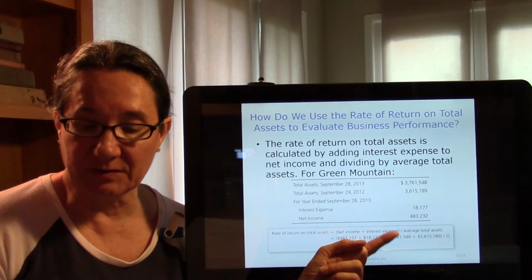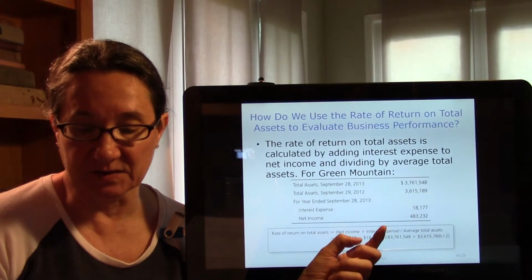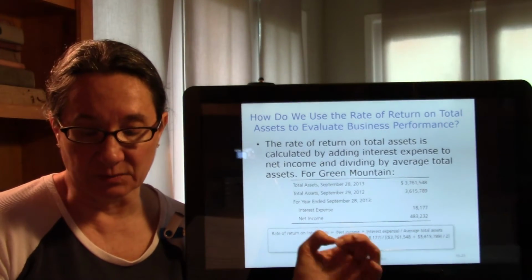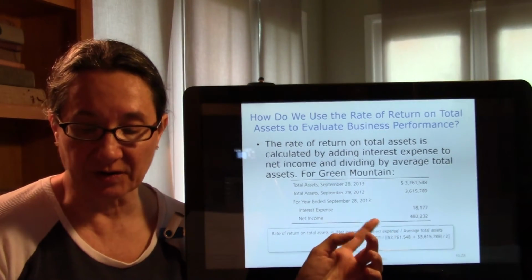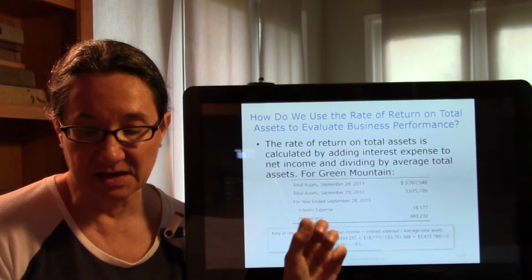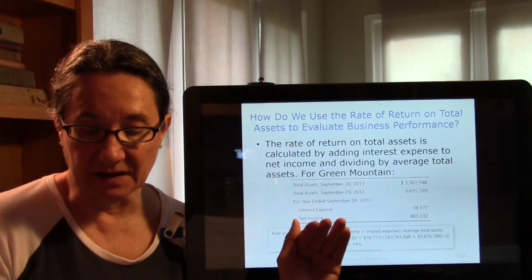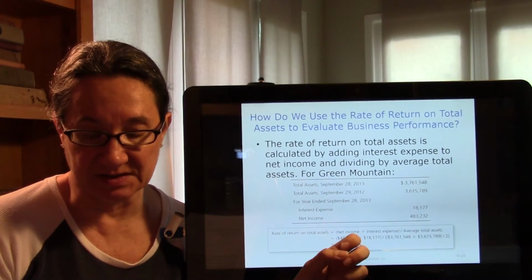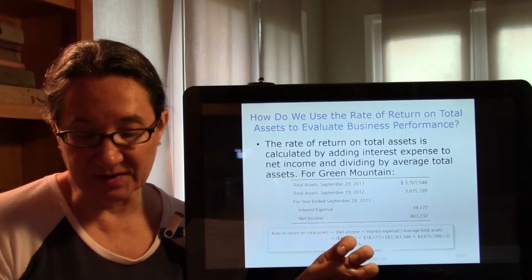Using Green Mountain Coffee Roasters, Inc.'s fiscal 2013 annual report, we can determine the rate. Green Mountain has a rate of return on total assets of 14%, which means that for each $1 invested in the company's average assets, the company earned 14 cents in profit before considering interest expense. What is a good rate of return?